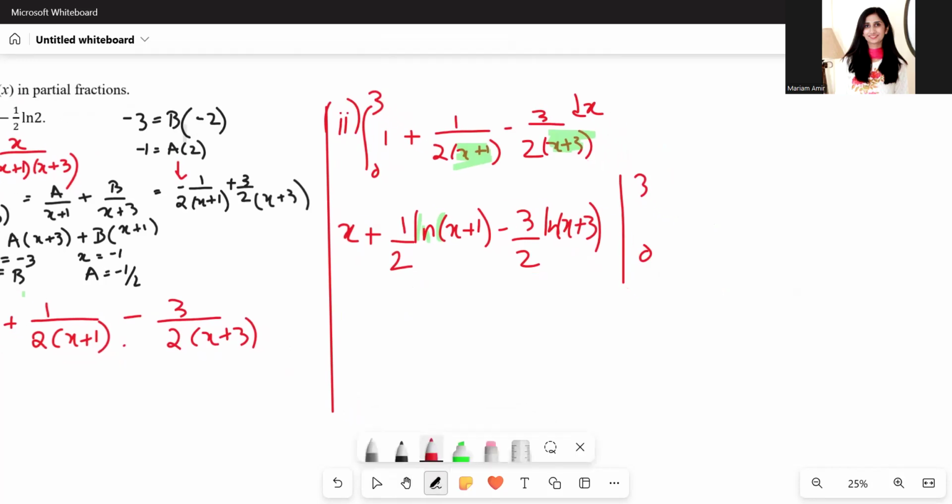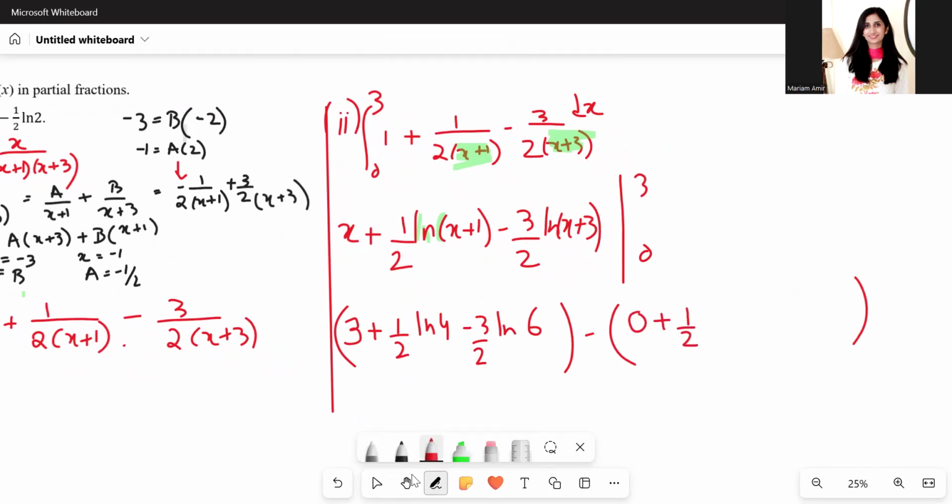So 3 will go in one bracket, then a negative sign, and 0 will go in the other. This becomes 3 plus half ln 4 minus 3 over 2 ln 6. Then we have 0, so we have a 0 plus half ln 1 minus 3 over 2 ln 3. ln 1 gets eliminated, this becomes 0.